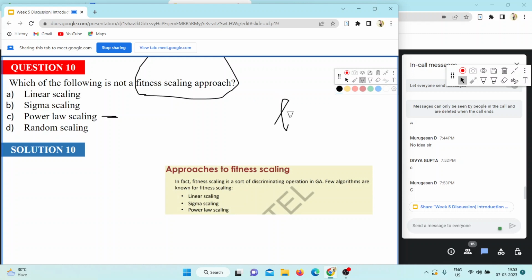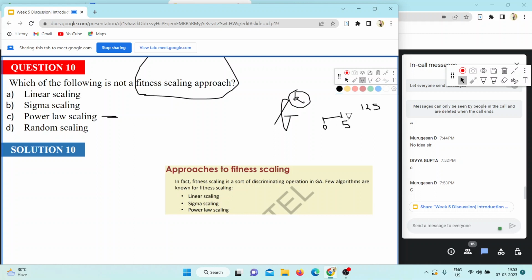In power law scaling, we raise our fitness value to a constant power k. Like, if our search space is only from 0 to 5, and our fitness value is coming 125.